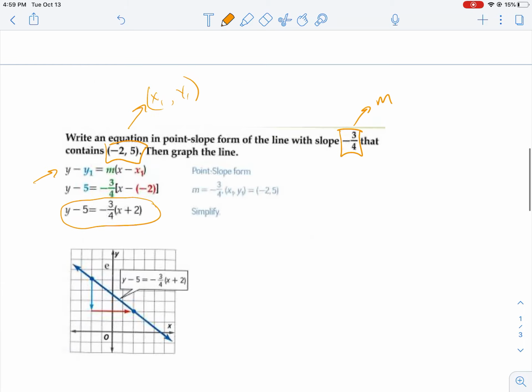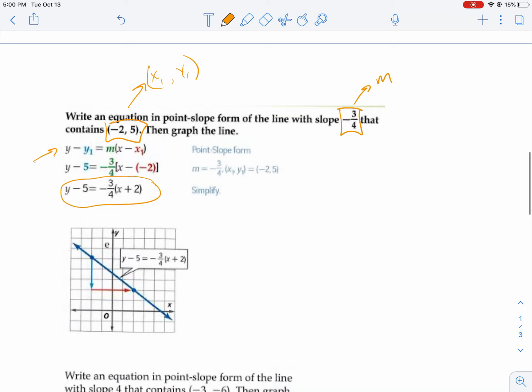Okay. Now it says to simplify. If we want to simplify this thing, we'd have to distribute that negative 3/4. So by distributing that negative 3/4, we get a negative 3/4 x minus 6 over 4.